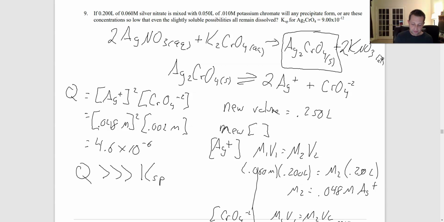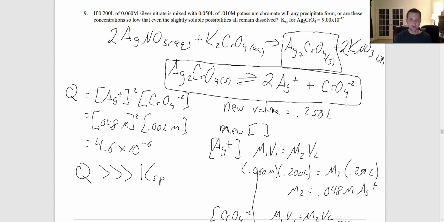What's that mean? We're using this equation right here. This reaction occurs, right? I want to create this solid precipitate right here. I need to figure out, are there enough ions in solution to make it saturated so this actually is formed?